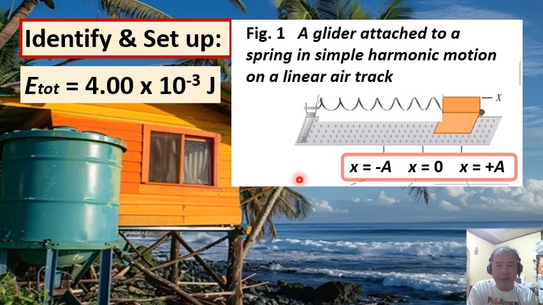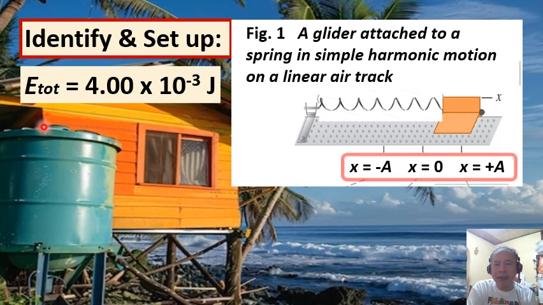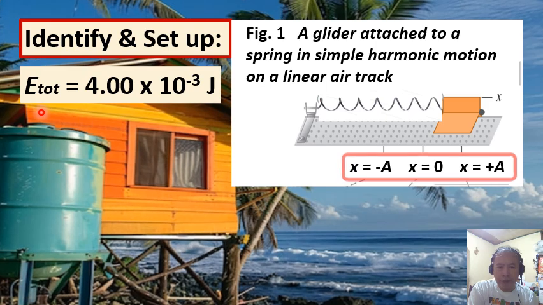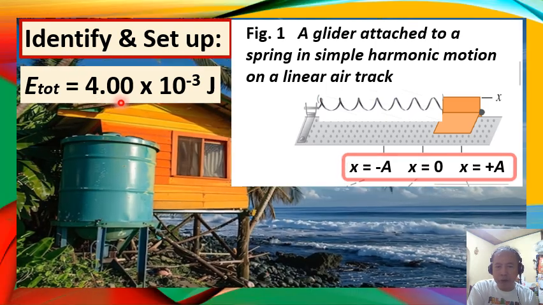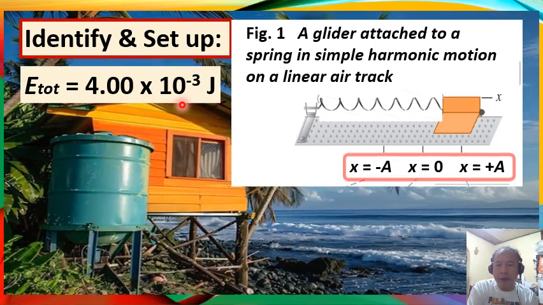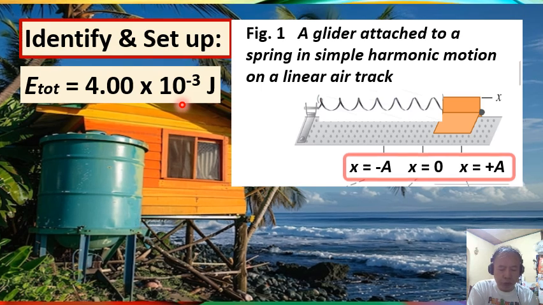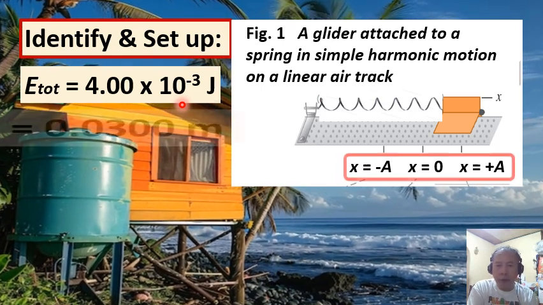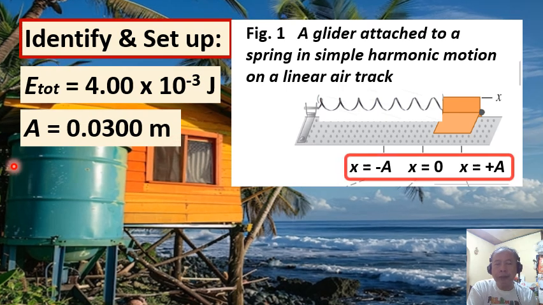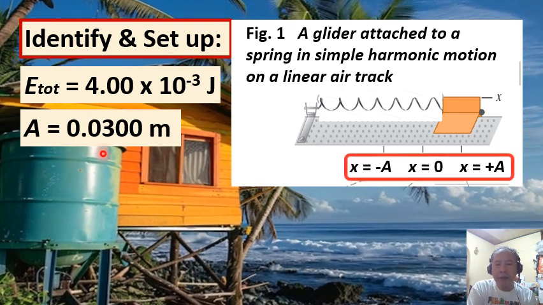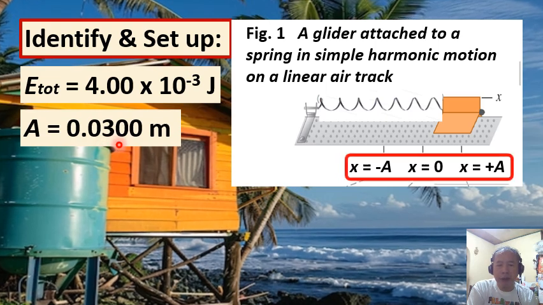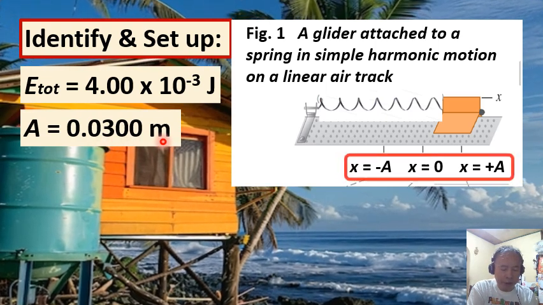All right, so we are given the total mechanical energy of the glider equal to 4.00 times 10 to the negative 3 joules. Likewise, the amplitude denoted by capital A is given equal to 0.0300 meters.